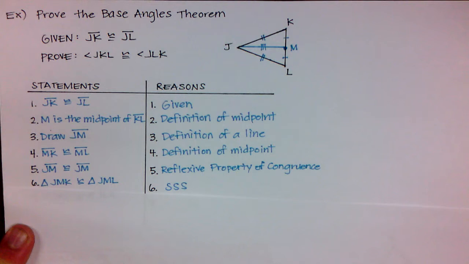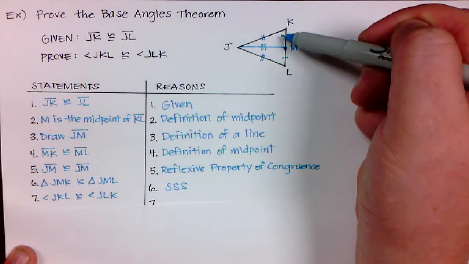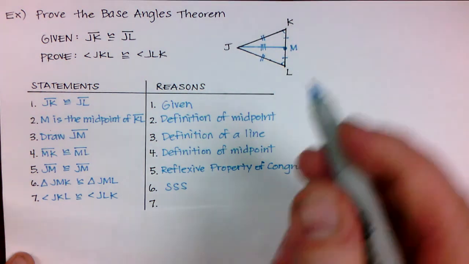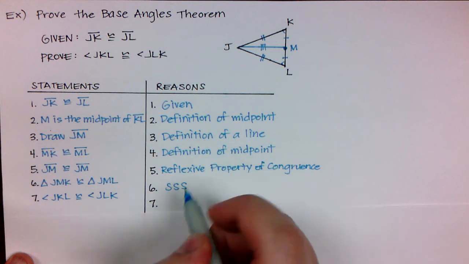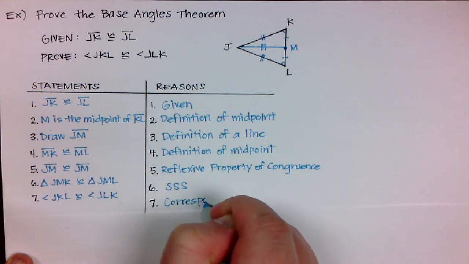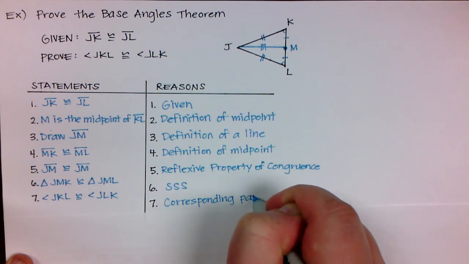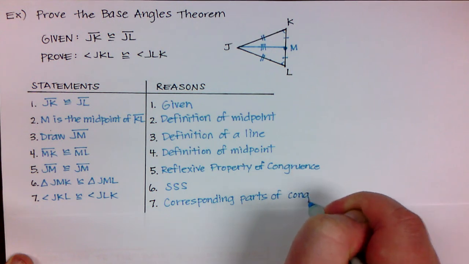So since I proved that they are congruent, then I can claim that JKL, that this top angle, is congruent to this bottom angle, just simply by corresponding parts being congruent. So I'm just going to say corresponding parts of congruent triangles.